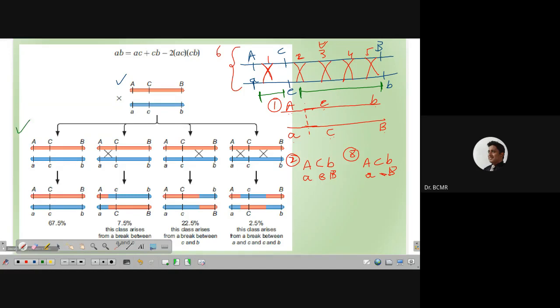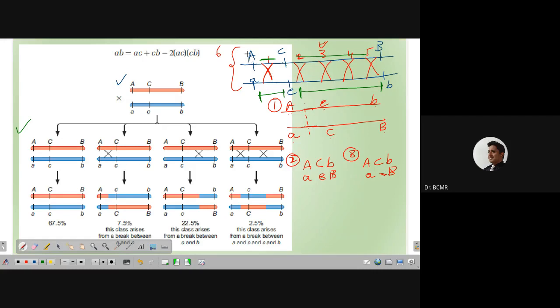What you should remember is that the more distant the genes on a chromosome, the more probability that crossing over would occur between them. If it is less space, then the probability of a crossing over happening is very less.